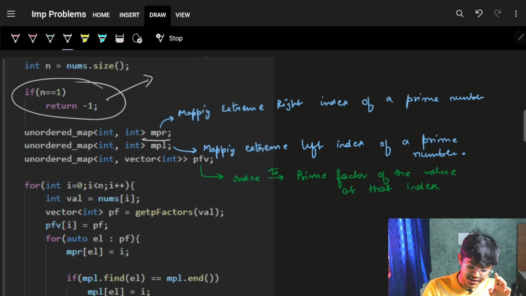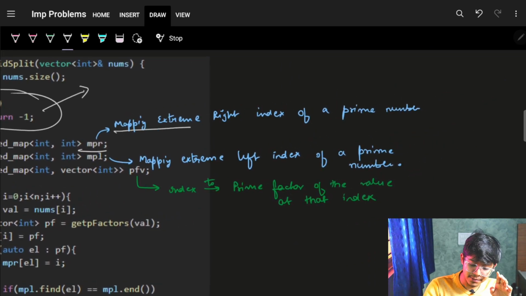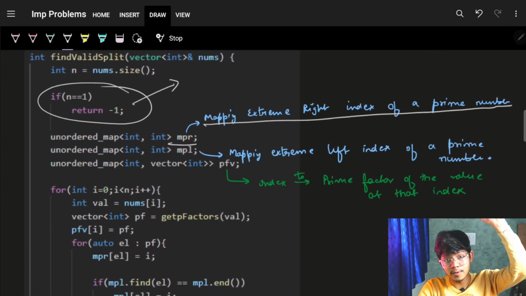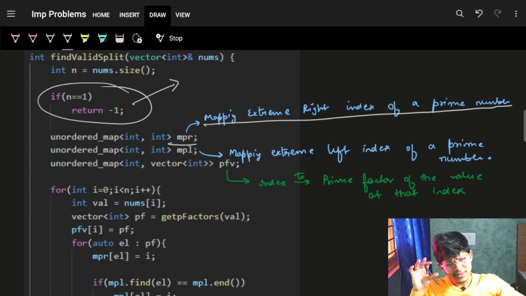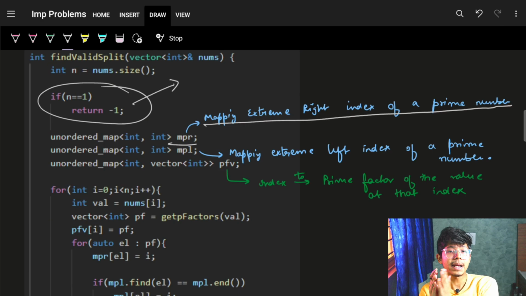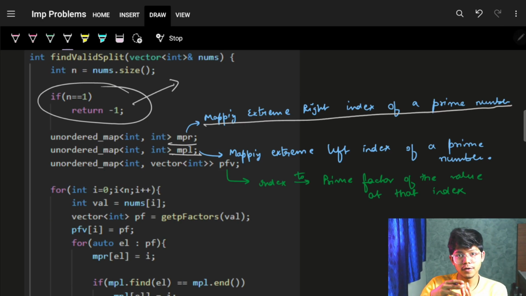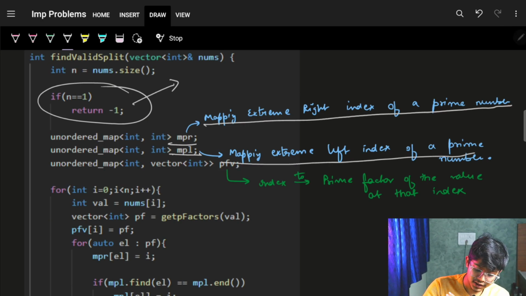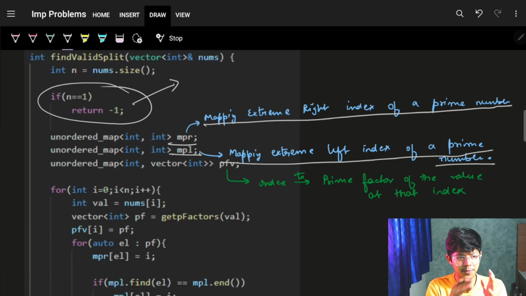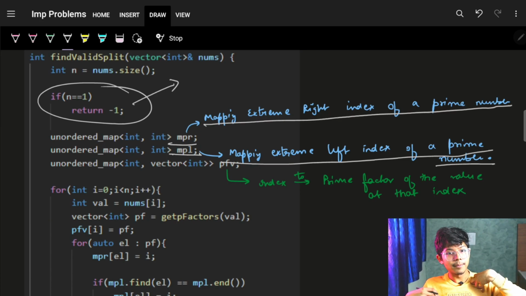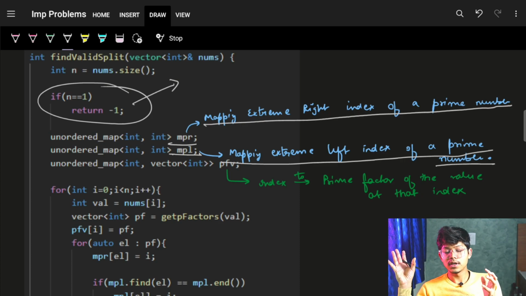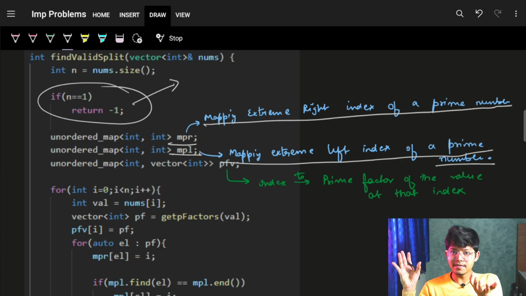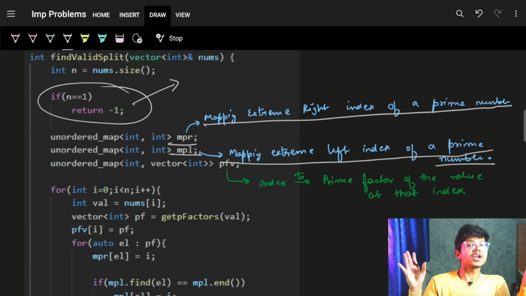Now, MPR is just the mapping of the extreme right index of a prime number. I showed you in the above code also, right? And MPL is the mapping of the left index of a prime number, which means if I say 2, my MPR will say what's the extreme right location of 2, and my MPL will say what's the extreme left location of 2.